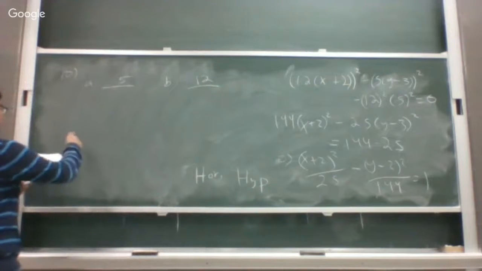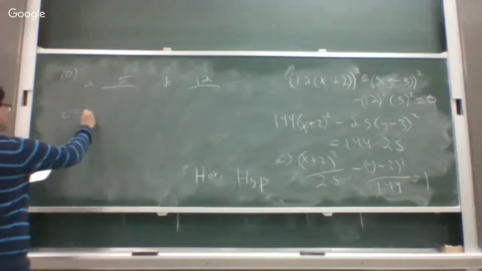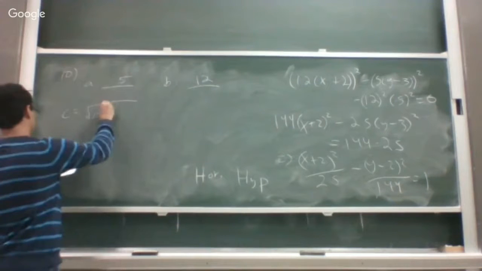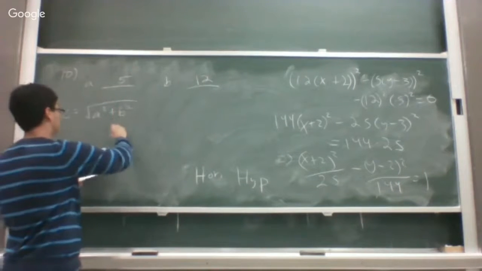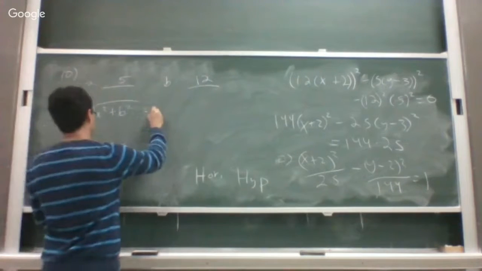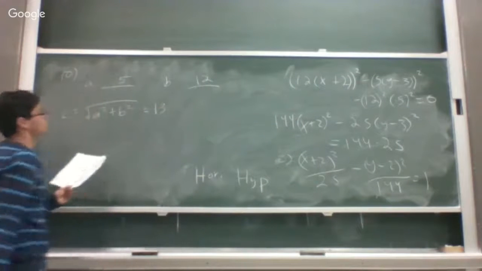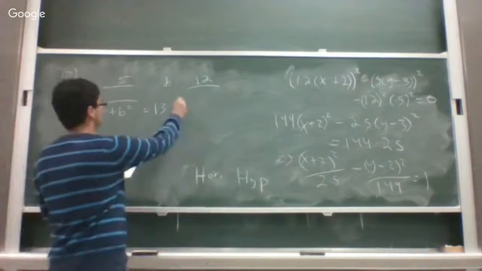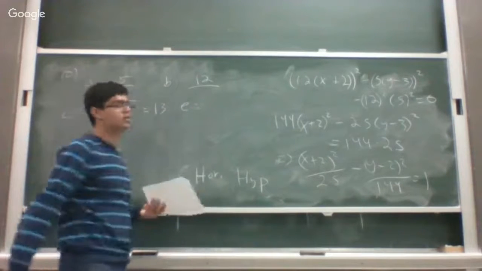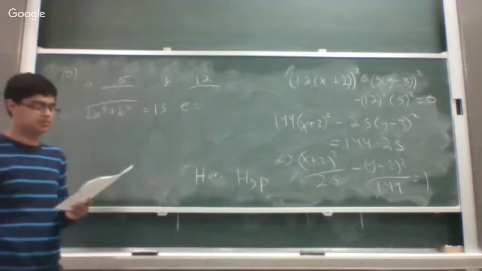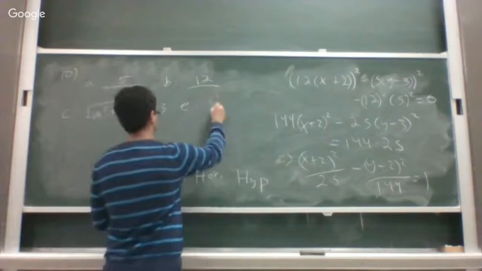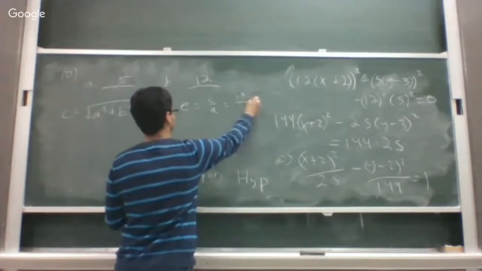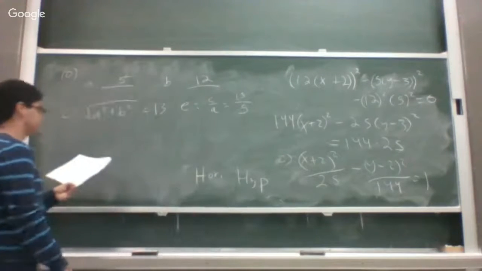For c, the formula is the square root of A squared plus B squared for a hyperbola, so that's 13 in this case. What's the formula for e? It's c over a, so this is 13 over 5.